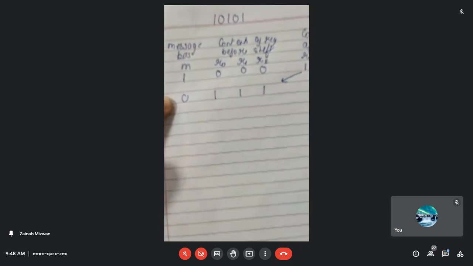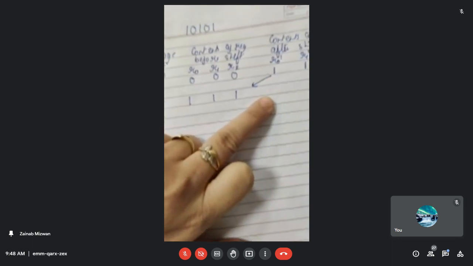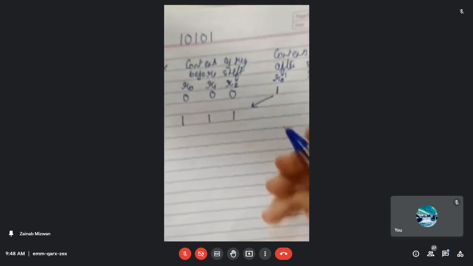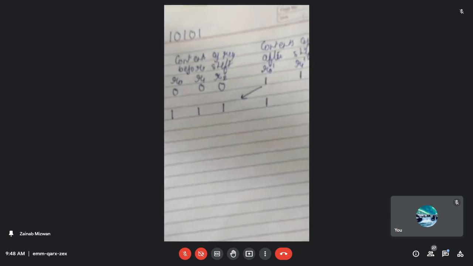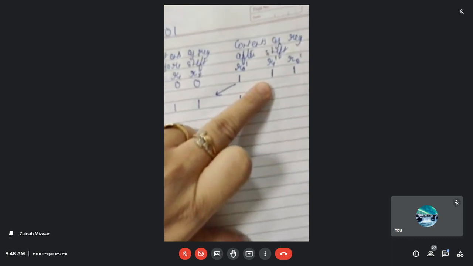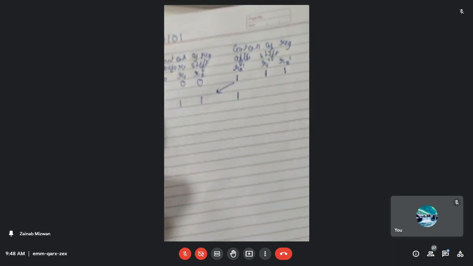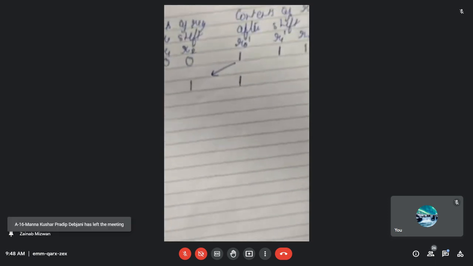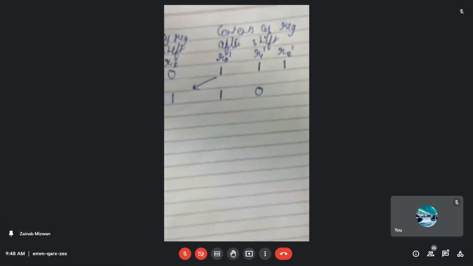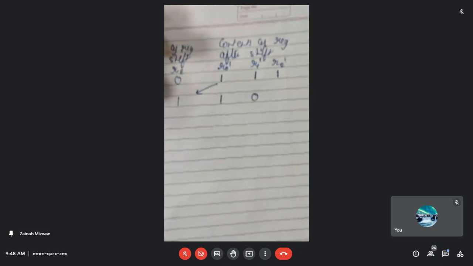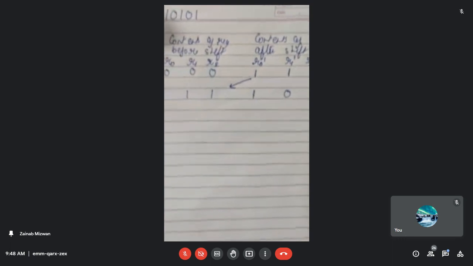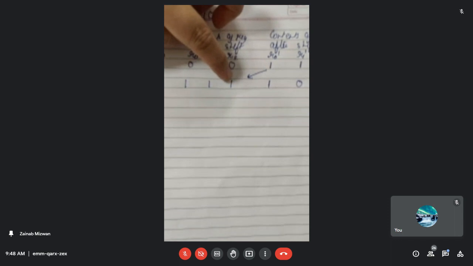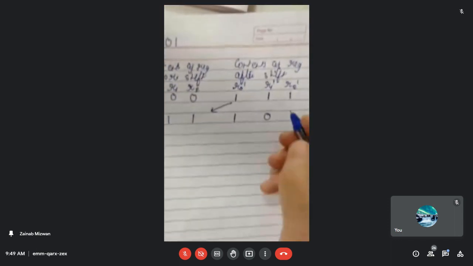Then the message bit is 0. Similarly, again find R0 dash. What will R0 dash be? Again R0 dash is R2 XOR M, so 1 XOR 0 will be 1. R1 dash is R0 XOR R2 XOR M, so 1 XOR 1 is 0, 0 XOR 0 gives 0. For R2 dash, we have R1 XOR R2 XOR M: 1 XOR 1 is 0, 0 XOR 0 is again 0.